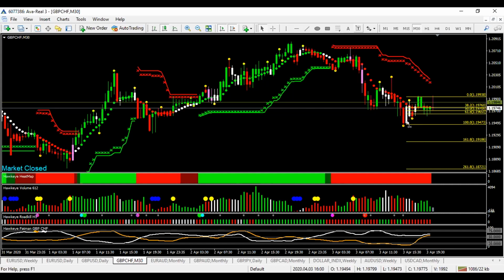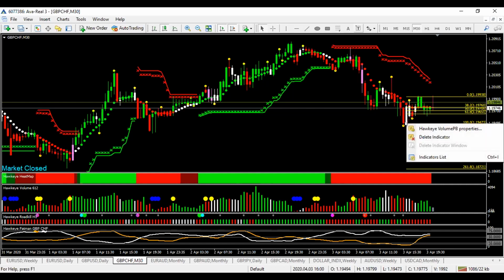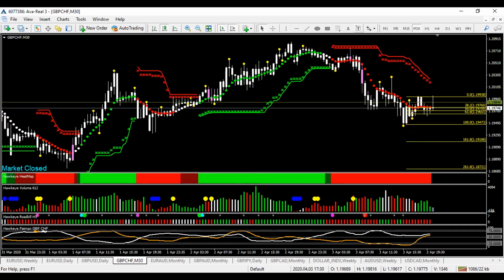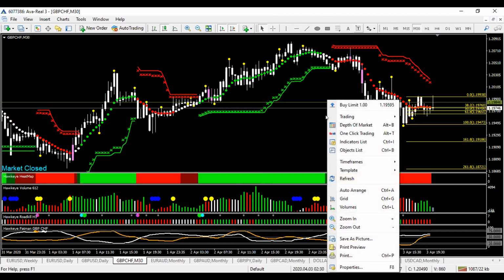Let me just see if I can remove this. Delete the, oh no, I think I deleted something else. Okay, you can just right click on it and get the template back. I think I took it here, this one?